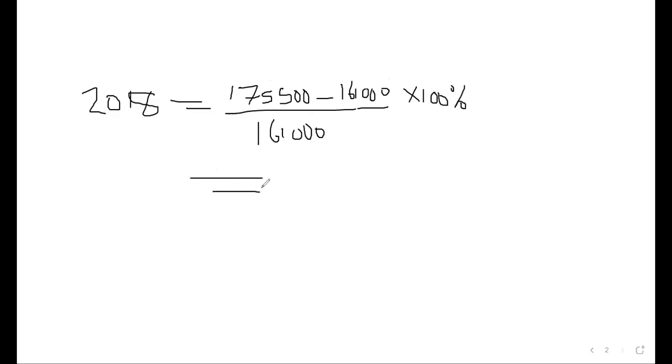So 175,500 minus 161,000 is 14,500. Then we divide this by 161,000, then multiply by 100%.